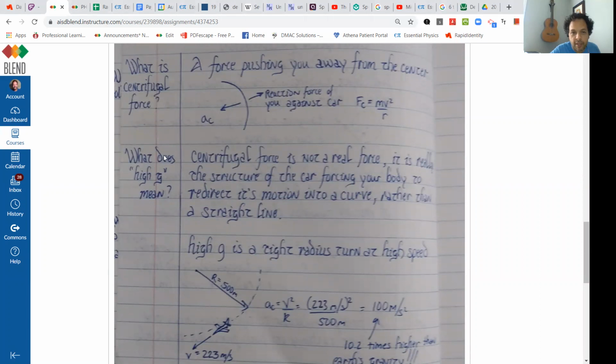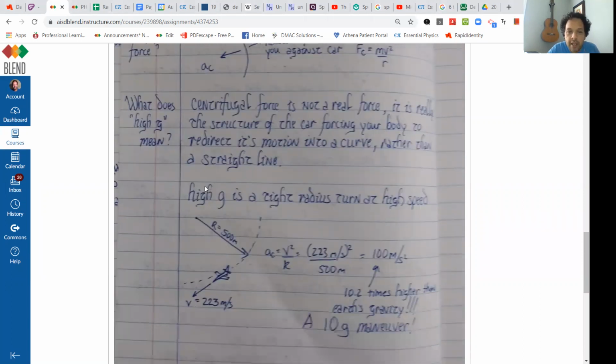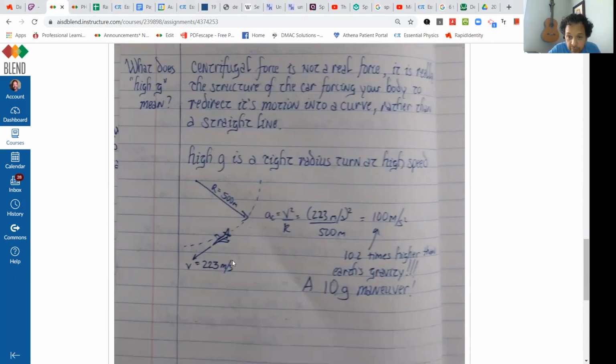So what does high G mean? High G, high gravity, is a tight radius turn at a high speed. If you notice here, the larger your radius, the smaller the acceleration, right? How do I know that? Because they have an inverse relationship.